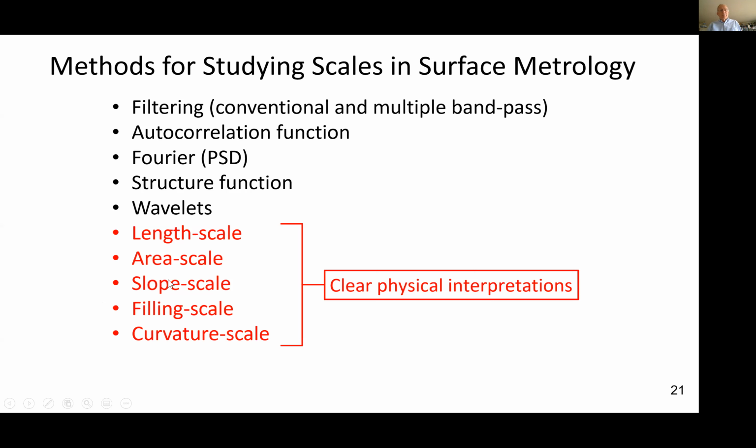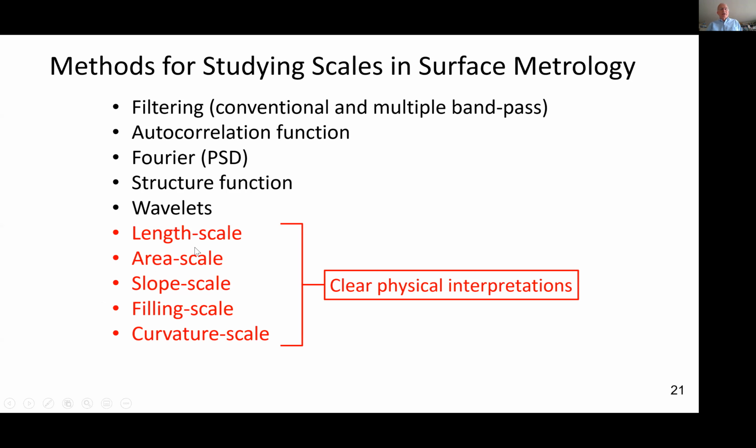Slope scale we haven't done much with, although it's closely related with area scale. So these are done systematically over different scale ranges. So length, this sort of comes to us from the Coastline of Britain problem. Maybe some of you are familiar with that. It's called Richardson compass, or the coastline method. And that looks at the length of profiles.